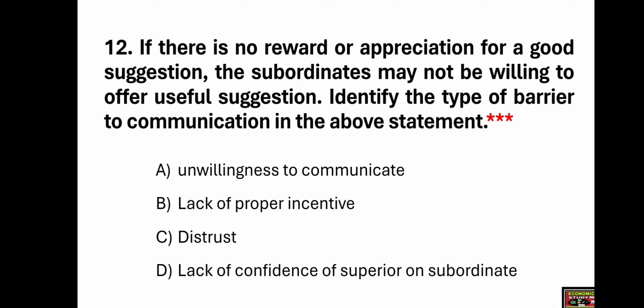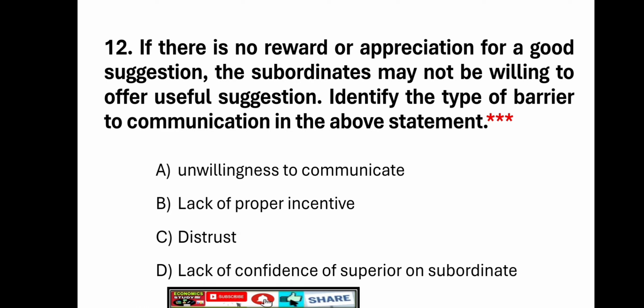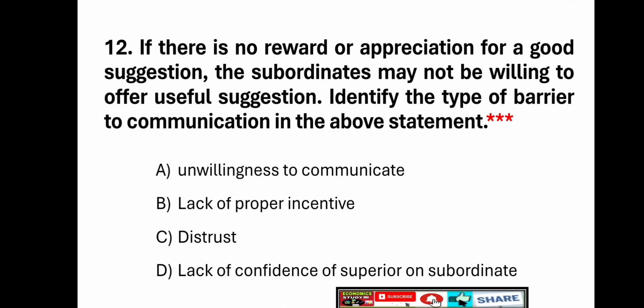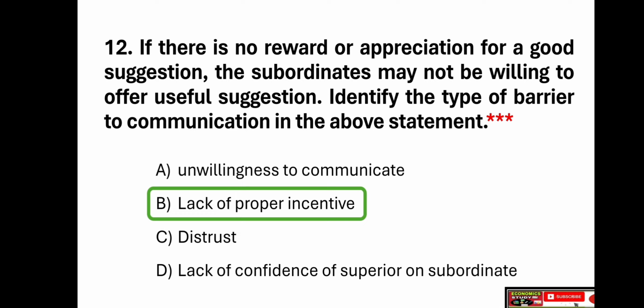Identify the type of barrier to communication in the above statement. Option A, unwillingness to communicate. Option B, lack of proper incentives. Option C, distrust. Option D, lack of confidence of superior in subordinates. Right answer is option B, lack of proper incentives.